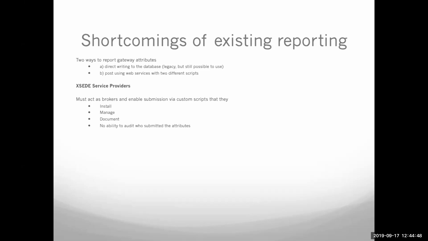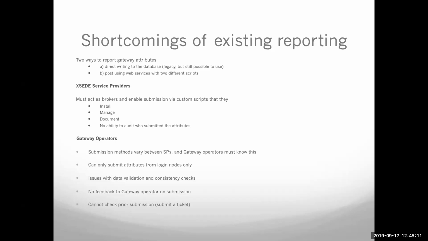So all gateways using a particular resource would show up as if the service provider submitted the attributes, which is sort of true, but there was no visibility into who actually submitted something. So if somebody decided to pollute the database, it would be pretty hard to track that down.